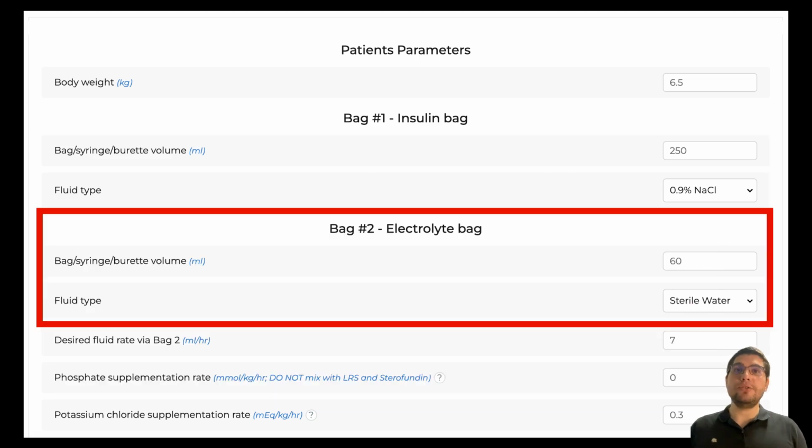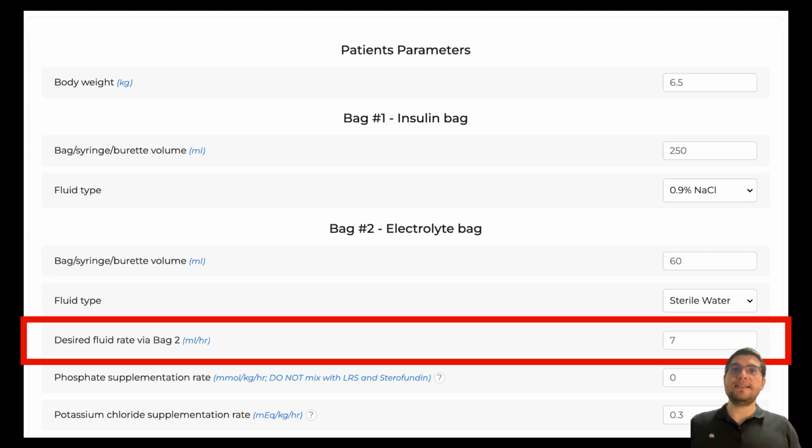For bag 2, I'll use a 60 cc syringe with sterile water to reduce osmolarity since I'll be adding a large amount of potassium chloride. Alternatively, you could use a different syringe or bag size, such as 250 mils or 500 ml bags, depending on availability, your total fluid rate, and clinical preference. This 60 cc syringe will run 7 ml per hour, which is an empirical rate.